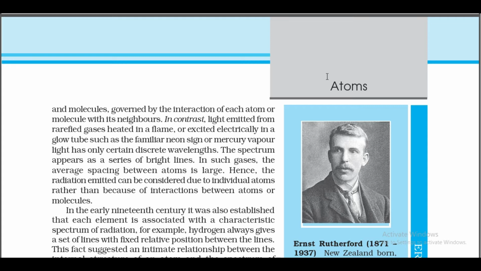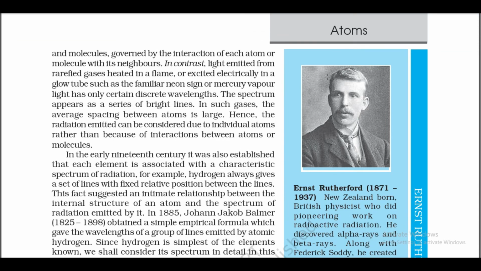Hence, the radiation emitted can be considered due to individual atoms rather than because of interactions between atoms or molecules. In the early 19th century, it was also established that each element is associated with a characteristic spectrum of radiation. For example, hydrogen always gives a set of lines with fixed relative position between the lines.